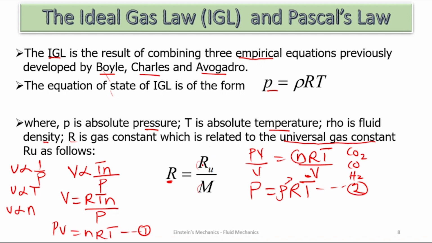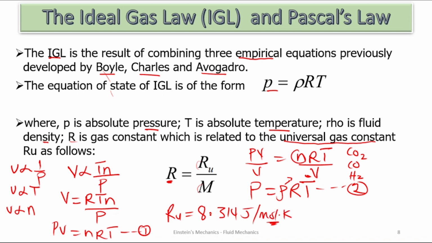The universal gas constant Ru is 8.314 joule per mole Kelvin.